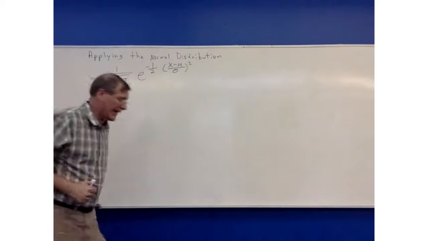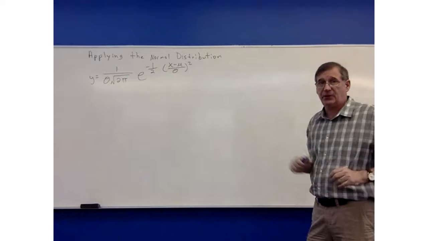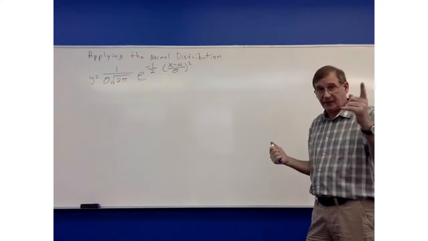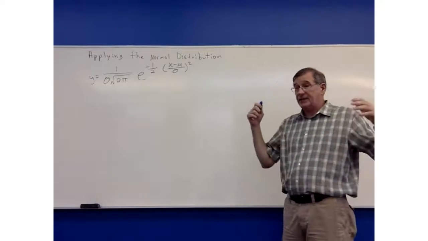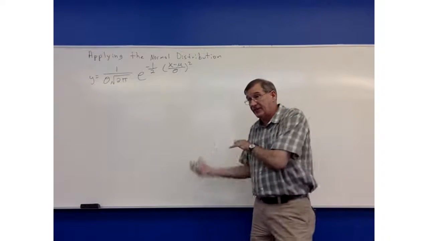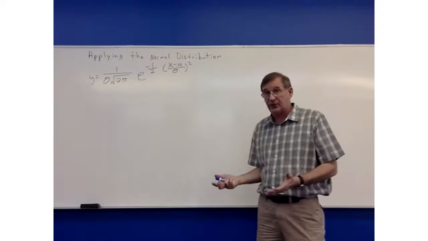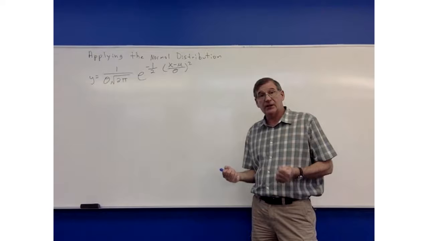Okay, what we're going to do now, the next step in our journey, is we're going to apply the normal distribution. Earlier I said, if you remember, that there is a special distribution that we can use and convert all normal distributions to that one distribution. And we called it the standard normal.